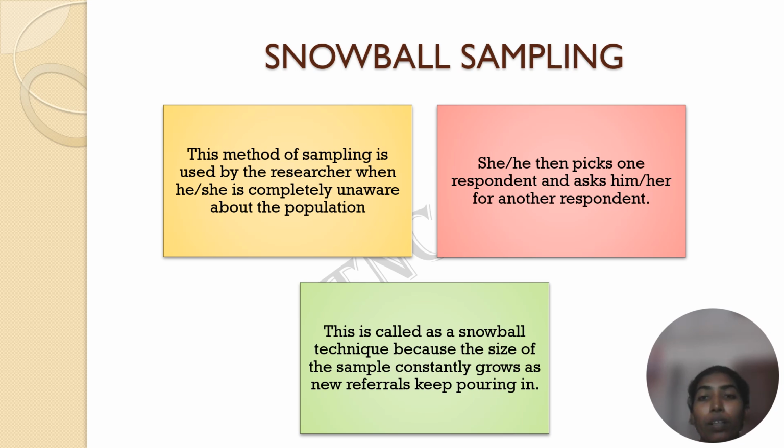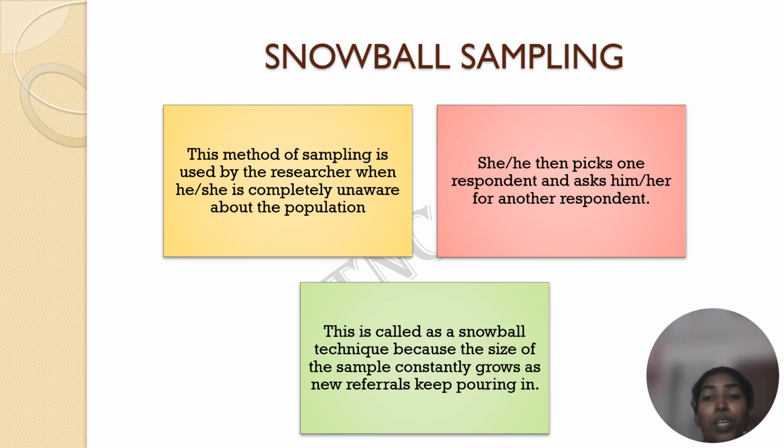So, as you are completely unaware about the population, you are getting help from the respondents in selecting the respondents. This is called the snowball technique because the size of the sample constantly grows as new referrals keep pouring in.